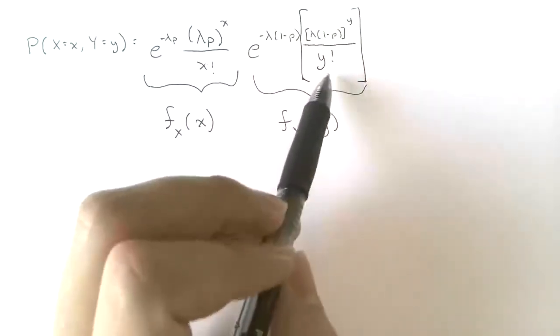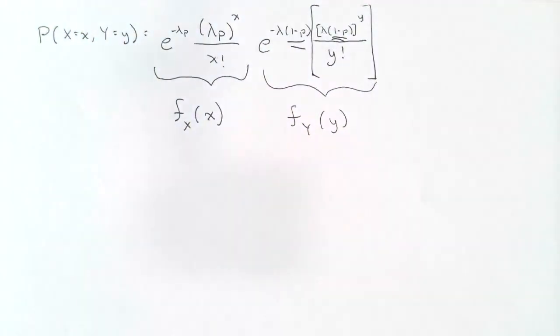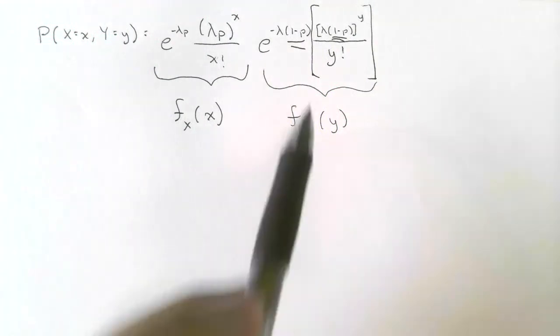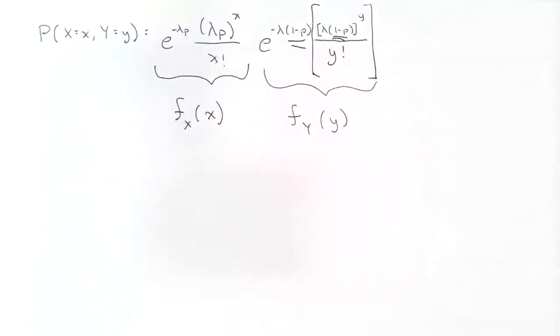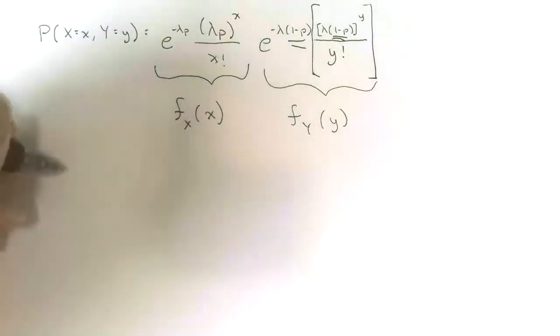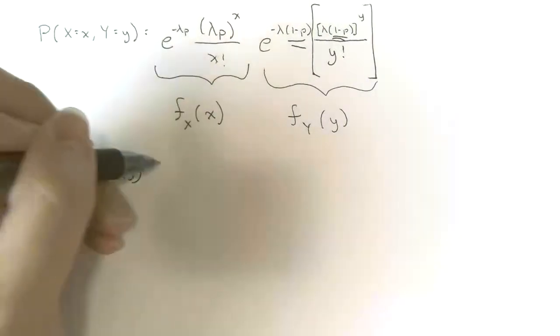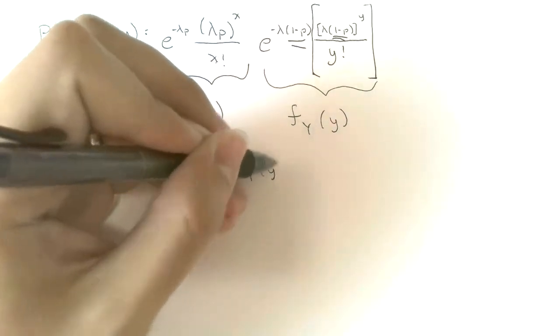Notice that it relates to y, and then it relates to the probability of y occurring. Remember, y was x not hatching, and 1 minus p is the probability of x not hatching. So this is a perfect example of a marginal probability for y, because it gives me the variable and the probability for that variable occurring. So what we have here is a joint probability that we've now been able to express as the product of marginal probabilities.